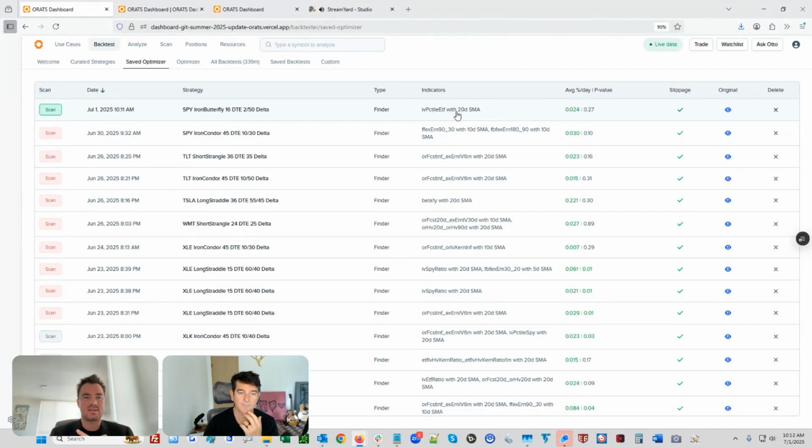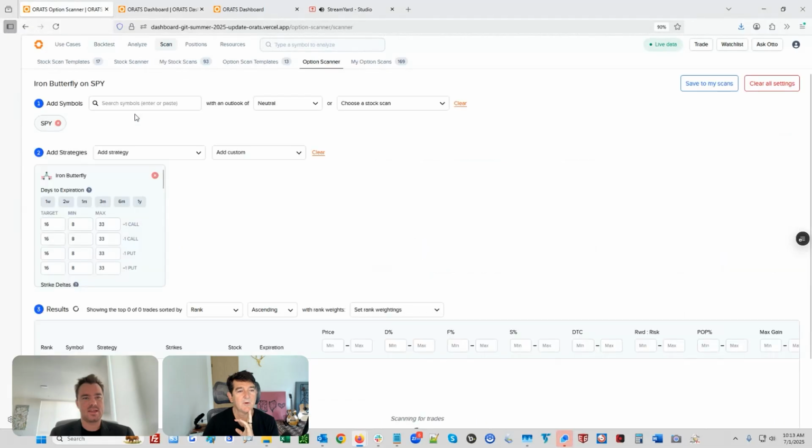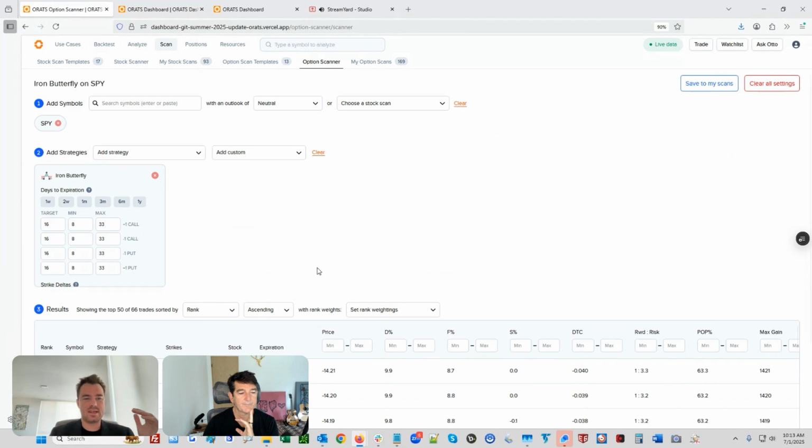And then you're given the green light to scan for trades on that strategy. You can click it and it'll take you to the option scanner, and fill in all the information that was in the backtest, the DTE, the strike deltas and stuff like that. And then you can look for trades from there.